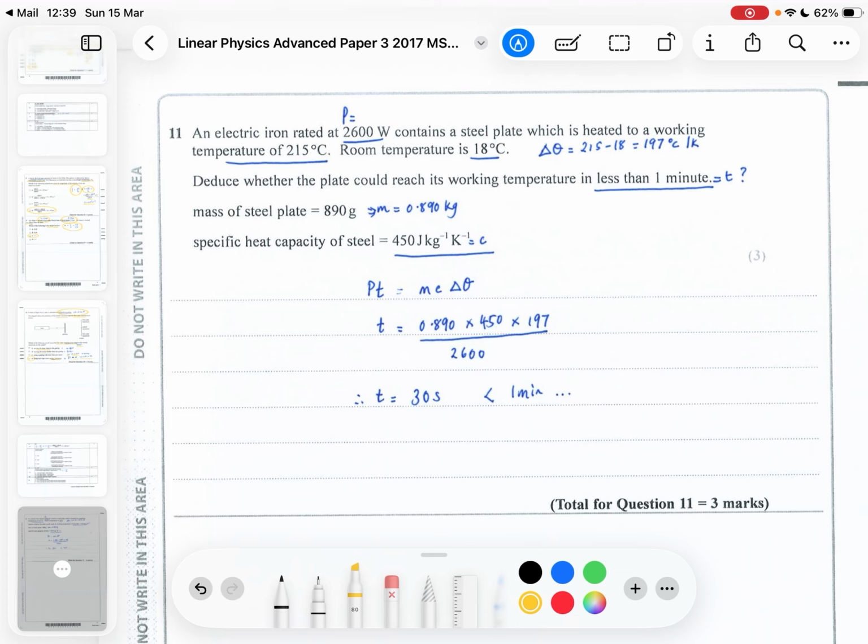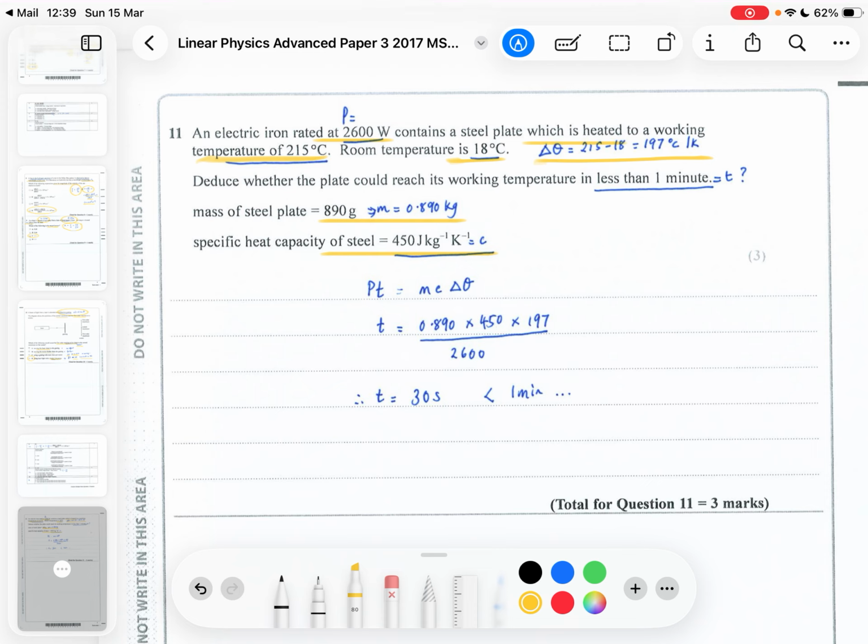An electric iron rated at a power of 2,600 watts contains a steel plate which is heated to a temperature of 215. Room temperature was 18, so you know you're talking about change in temperature, so it's specific heat capacity. They've given the mass of the plate, and they're giving you the specific heat capacity of the steel. So we know c, we know the temperature change.